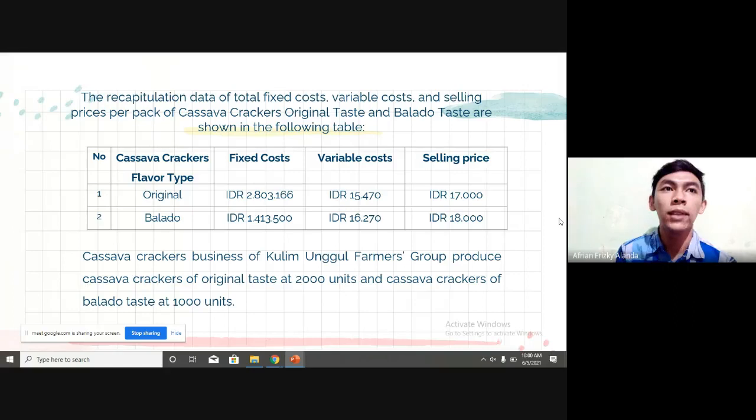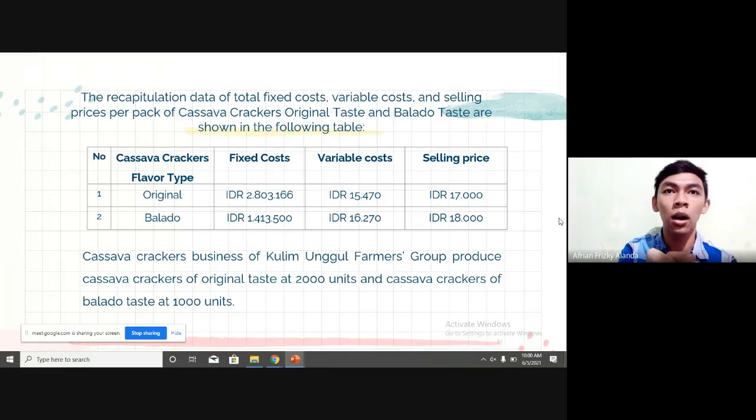Then we have the recapitulation data of total fixed cost, variable cost, and selling prices per pack of cassava crackers original taste and balado taste. We have the table here. For the cassava crackers of original taste, we get the selling price is 17,000 rupiah, and for the balado taste is 18,000 rupiah.